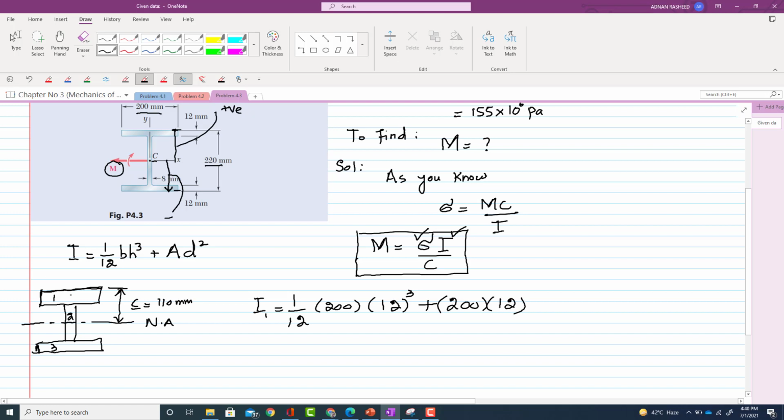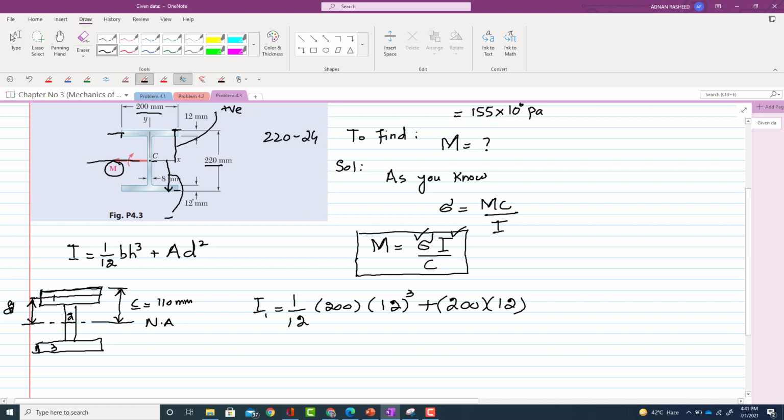D is the distance to the center of this rectangular section, because now you can see its center is not passing through the centroidal axis. So this distance is D. And this D is the distance from this axis to the center. This distance is 6, and this other distance you will calculate. It's a little tricky, but you will calculate it. If you subtract 220 minus 24, why 24?